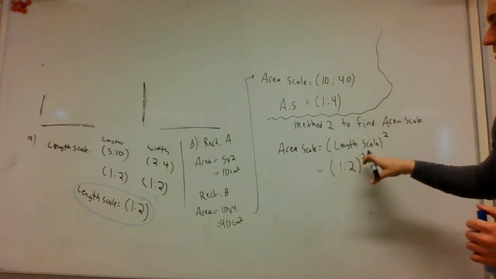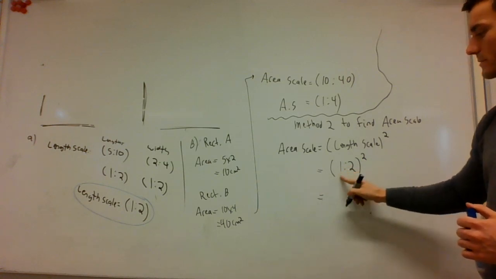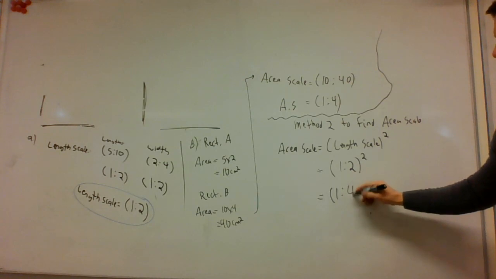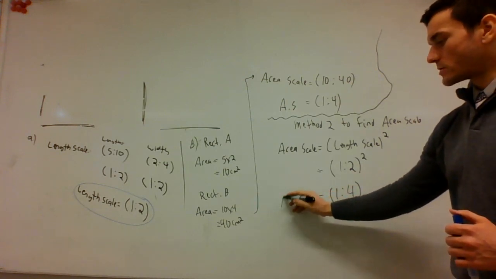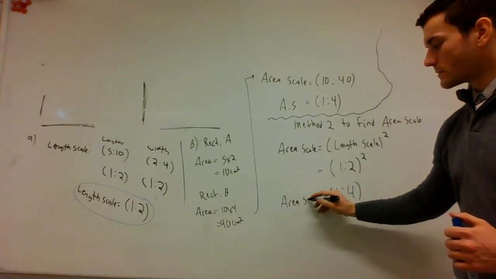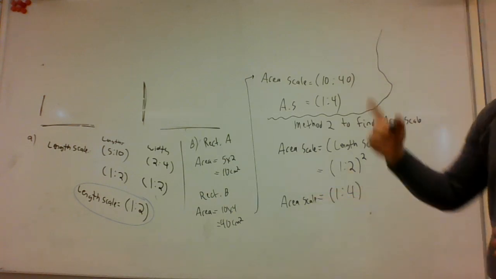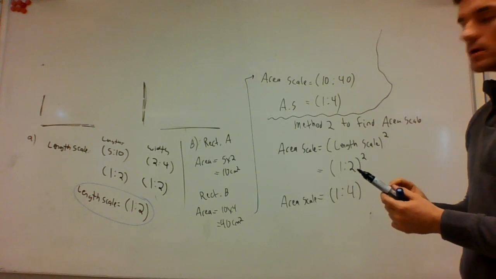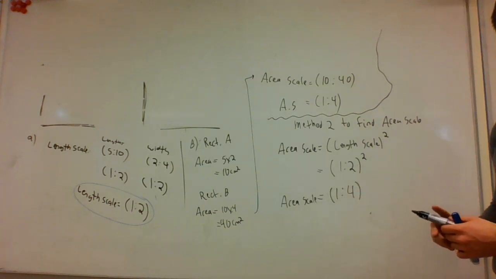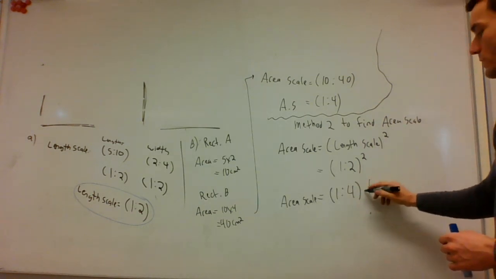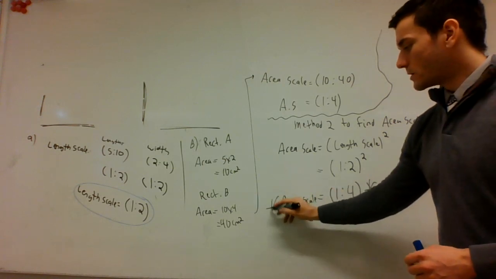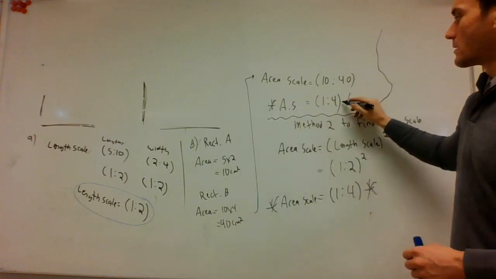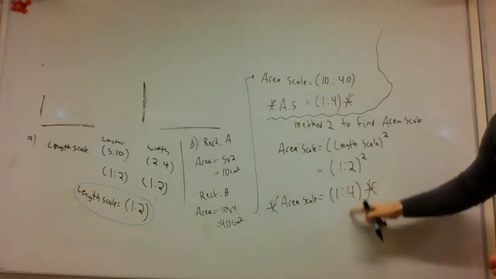So when I square this, well, 1 times 1 will still give me 1, and 2 times 2 will give me 4. So we'll get the same answer for area scale. This still communicates that 1 centimeter squared in that smaller rectangle will result in 4 centimeters squared in the larger rectangle. So either way, using this method or using this method where we actually compare the areas, I still get the area scale is 1 to 4.